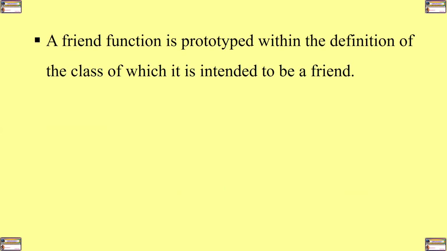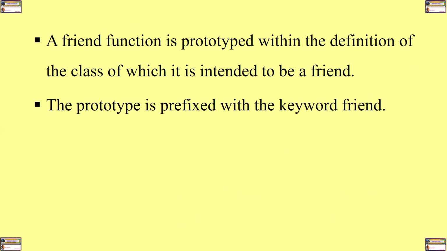So a friend function is prototyped within the definition of the class of which it is intended to be a friend, in the same way that we prototyped a friend class inside the class in which the other class was intended to be a friend. The prototype is prefixed with the keyword friend.